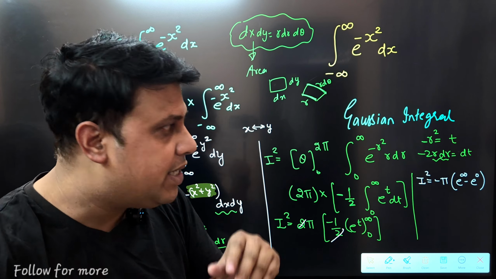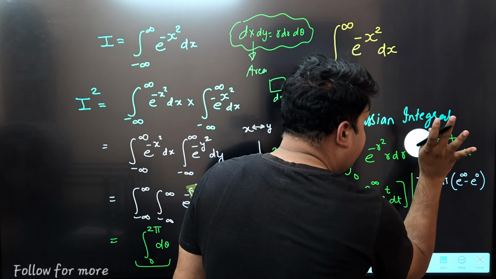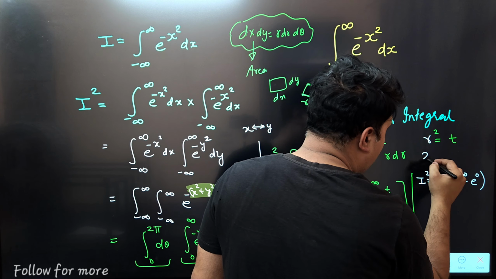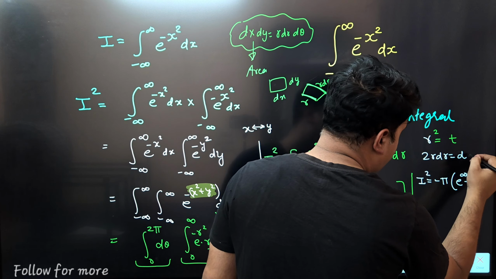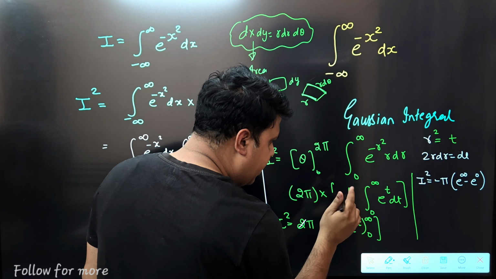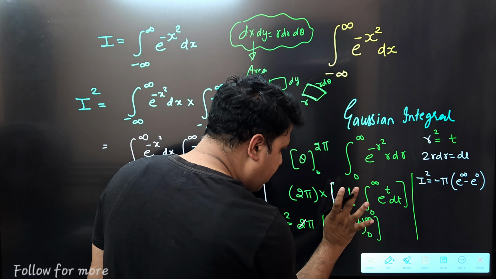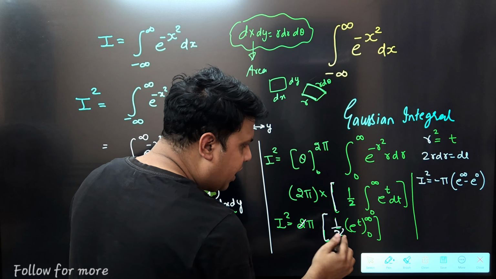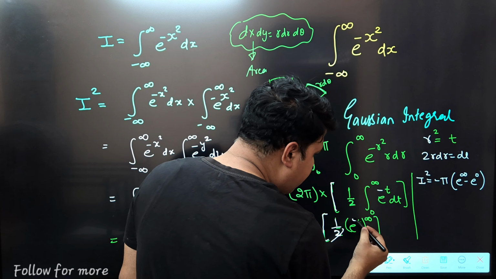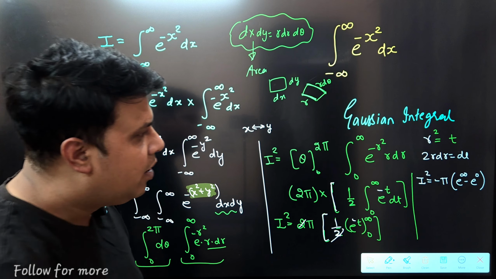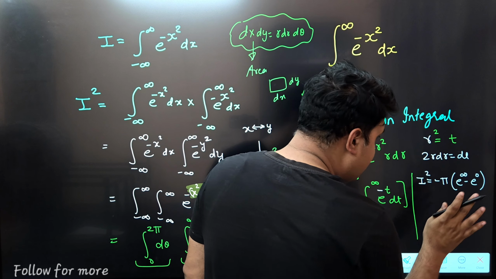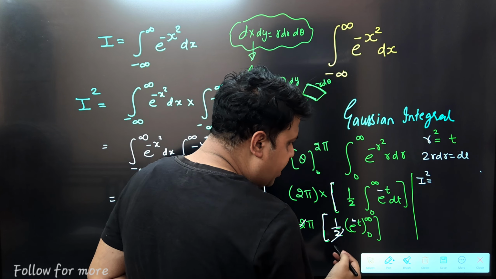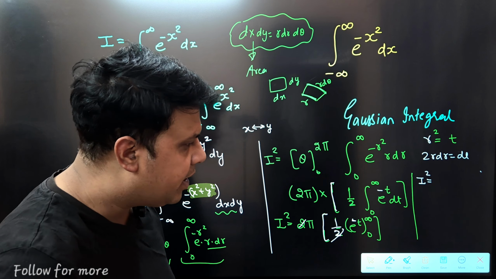So for that adjustment, what I can do is take this r square simply as t, also. So this is simply 2r dr is dt, right? I think this is easy, so that I can put just half here, no negative, and then this negative will appear here. So this is going to be e power minus t, right? So e power minus t.